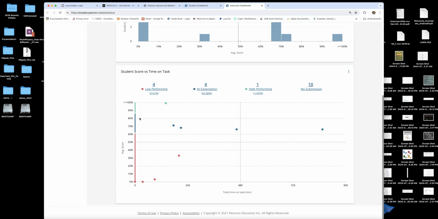So this is a screenshot of how the performance of the class looks like. We have basically 9 of you guys that have been working already on this, and this is more or less the performance. What we want to have is all the students in this band.